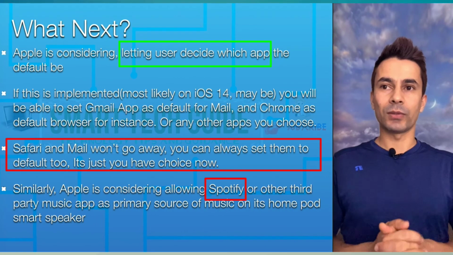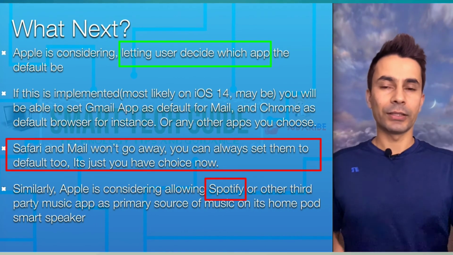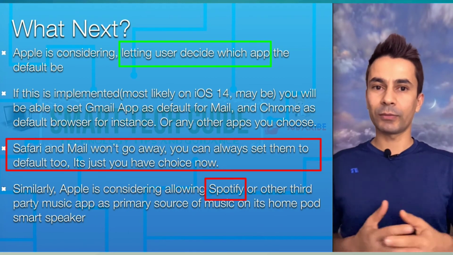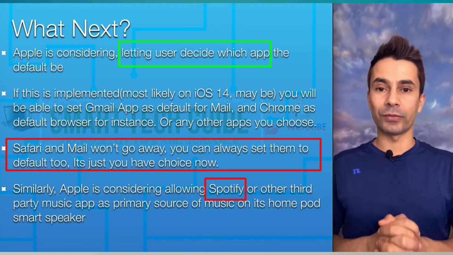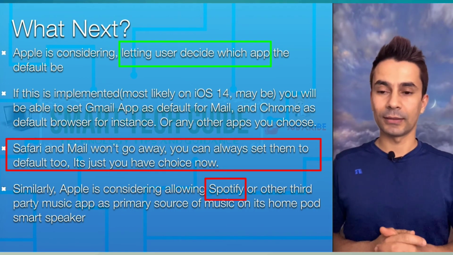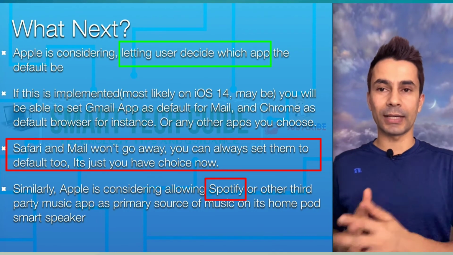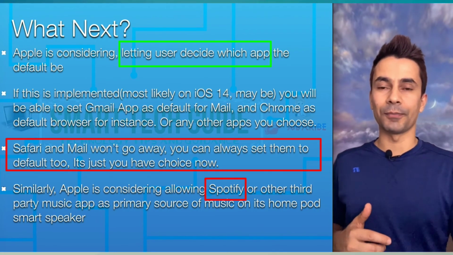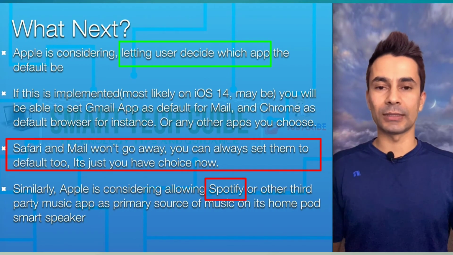If you want to stream from Spotify or YouTube Music, you have to AirPlay it from your iPhone. So if they allow third-party music apps, you can stream directly over the HomePod smart speaker too.